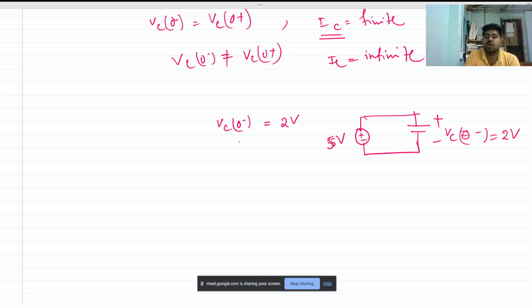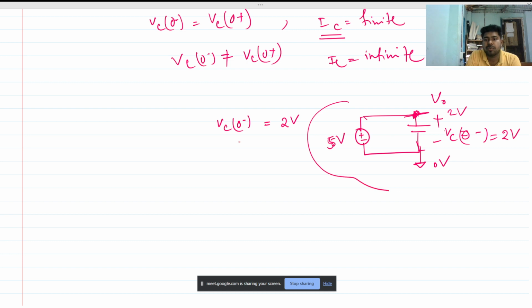You have to tell the steady state value of V out, and we can make one terminal ground. The potential at t equals 0 minus is 2 volts and the other voltage was 0 volts, so VC is this voltage minus this voltage, which is 2 volts. Now we have to find the voltage across the output at steady state.